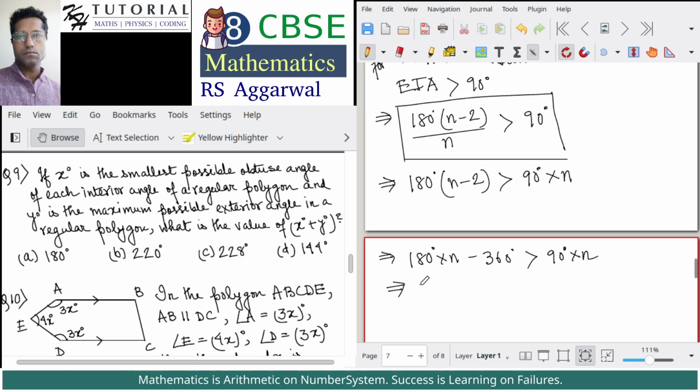So I am transposing the minus 360 degree to the right hand side, and the RHS term to the left hand side, and I will get 180 degree multiplied by n minus 90 degree multiplied by n should be greater than 360 degree. So this will imply, if I simplify the left hand side, this is nothing but 90 degree multiplied by n should be greater than 360 degree.